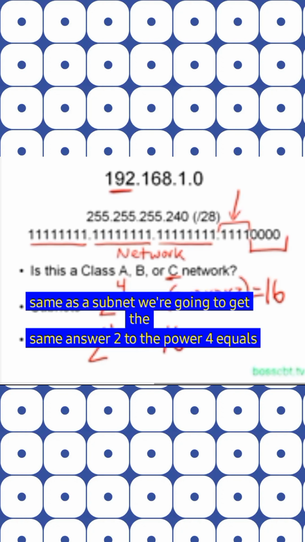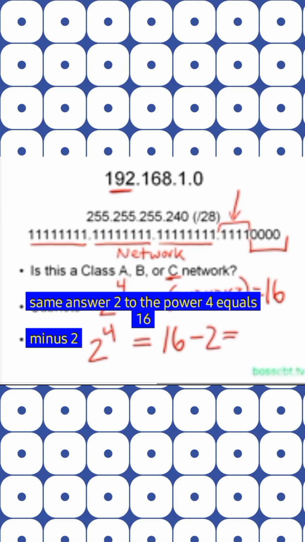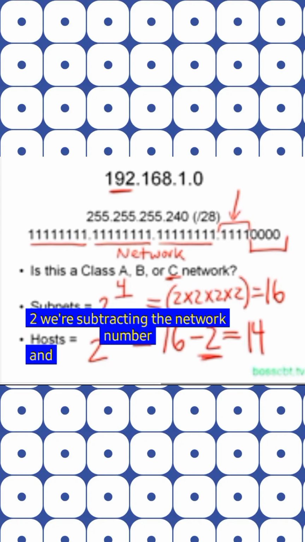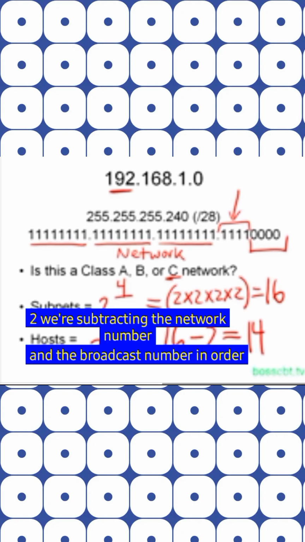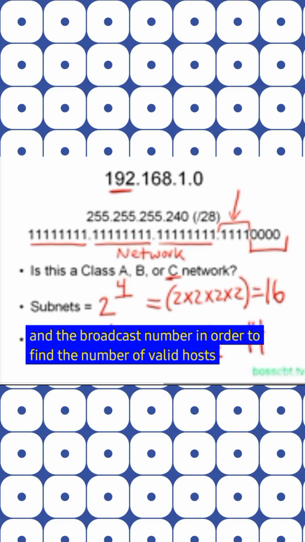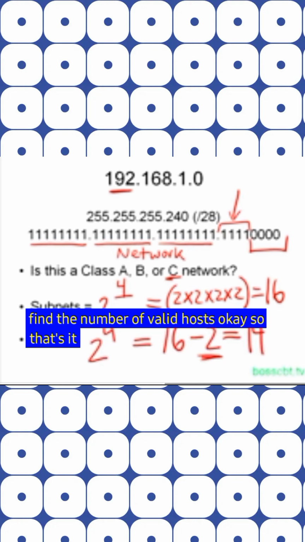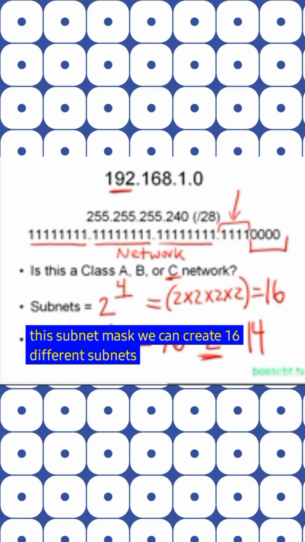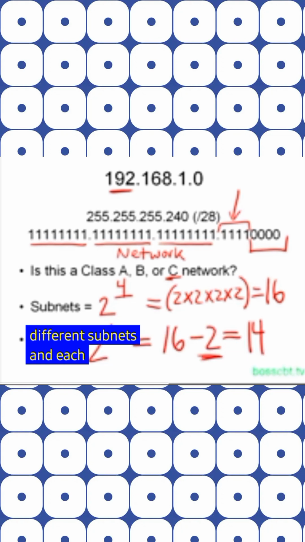We get the same answer, 2 to the power of 4 equals 16, minus 2 equals 14. Don't forget the minus 2, subtracting the network number and the broadcast number to find the number of valid hosts. Okay, so that's what we determined by using this subnet mask. You can create 16 different subnets, and each subnet is going to have 14 valid hosts.